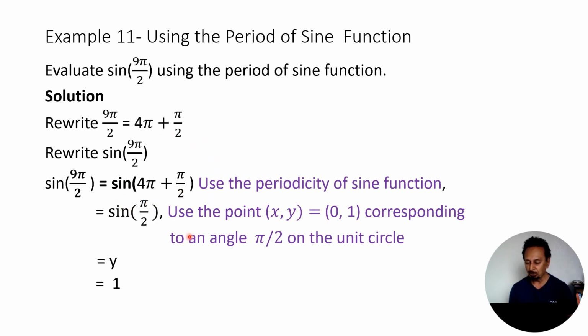Basically you make 2 circles, and you come back to sine pi over 2. Now you can use the unit circle, and on the unit circle the point is 0, 1, and sine is y, and y is 1. So sine of 9 pi over 2 is 1.